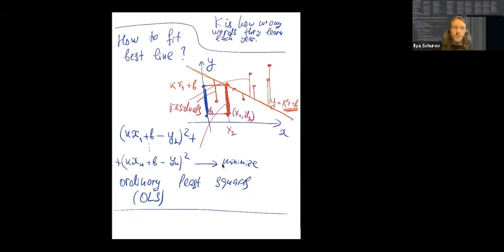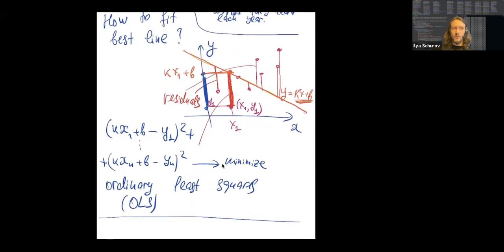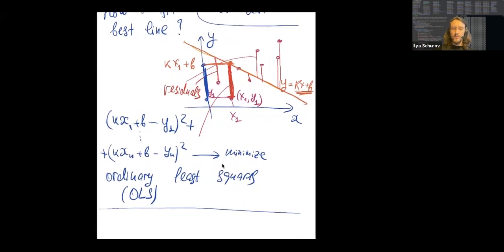And then from the whole set of all possible lines, I select one straight line that minimizes the sum of squares of residuals, or residual sum of squares. So this is just an algorithm of fitting.